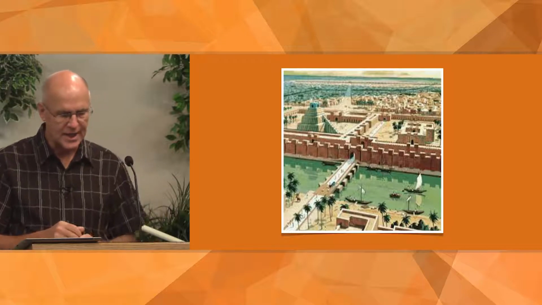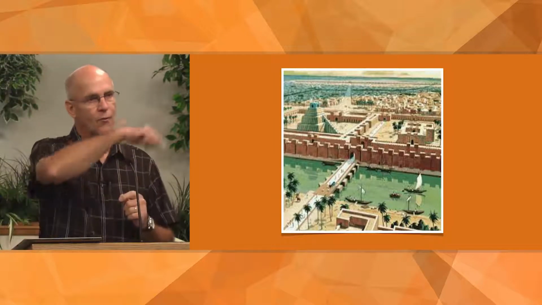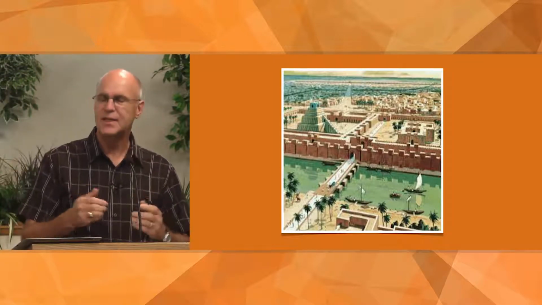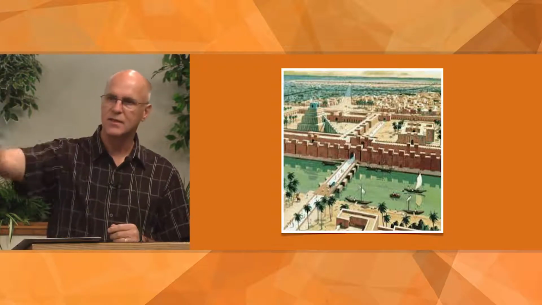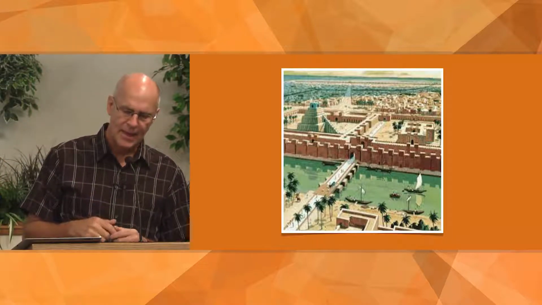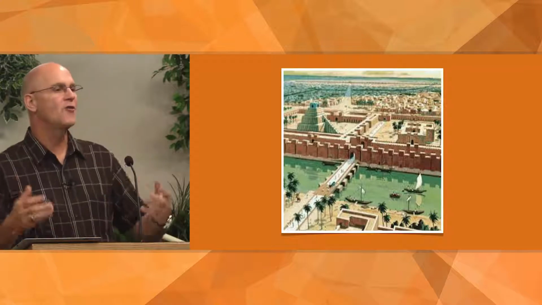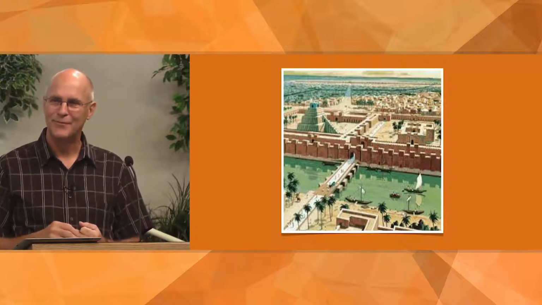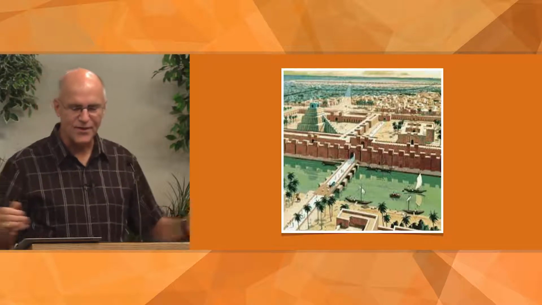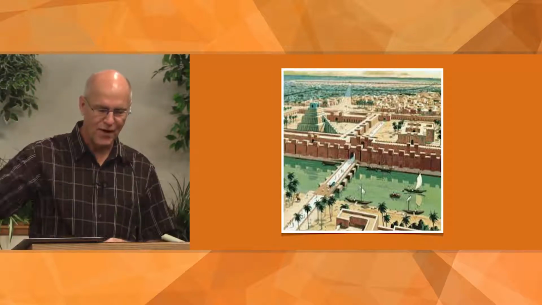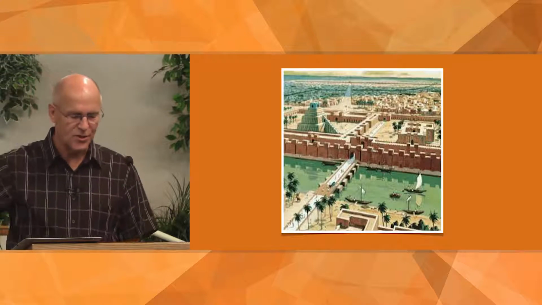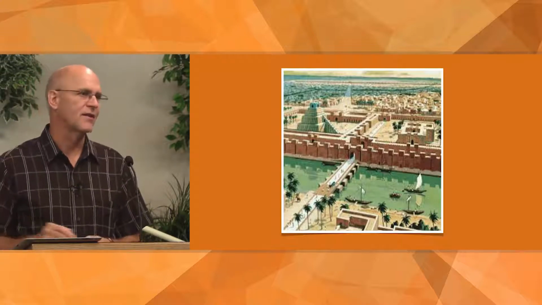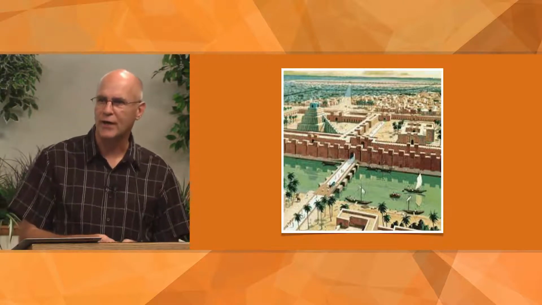Ancient historians say that its walls around the city were 60 miles long, 15 miles on each side. The walls were 300 feet high, 30 stories. Think about that. 300 feet high, 80 feet thick, 35 feet into the ground so enemies could not tunnel underneath. Everything was made from brick.